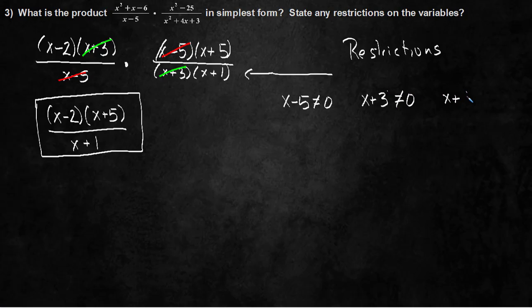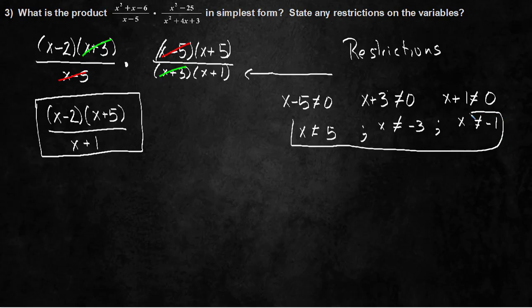X plus 1 cannot equal 0. And so x is a problem at 5, x is going to be a problem at negative 3, and x is going to be a problem at negative 1. That means those are the three locations where I do not have a solution. That's my restrictions.